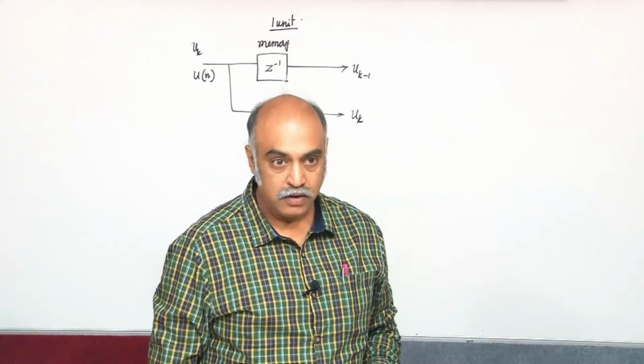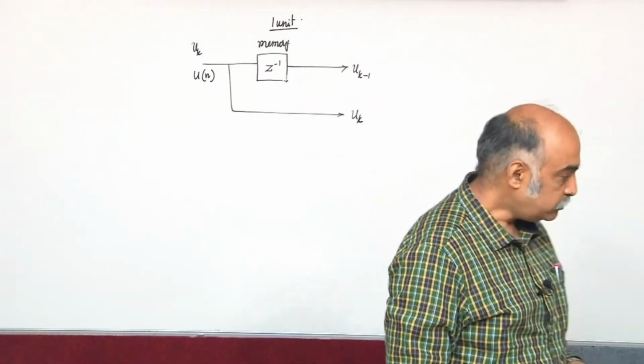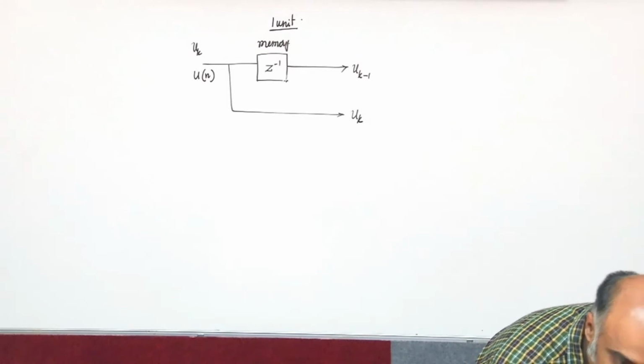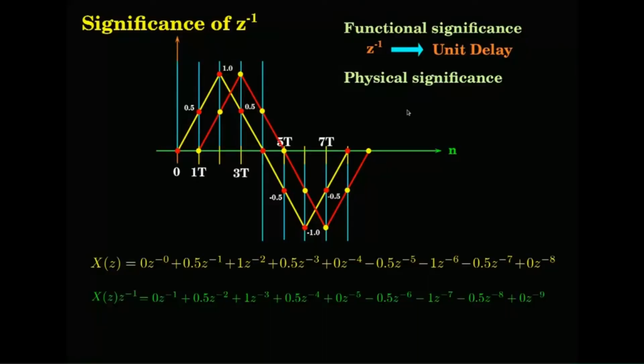So every such Z to the power of minus 1 gives you an indication of how much data memory space I should have. Physically, Z to the power of minus 1 means 1 unit of memory, very important. You can map Z to the power of minus 1 to the memory in the hardware.